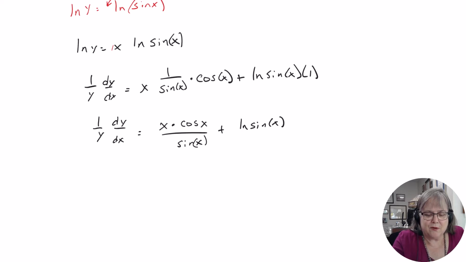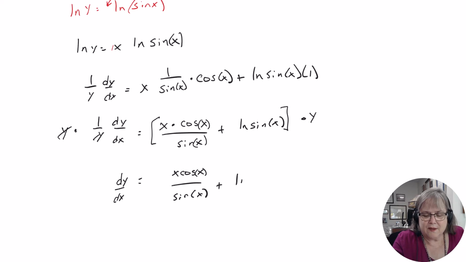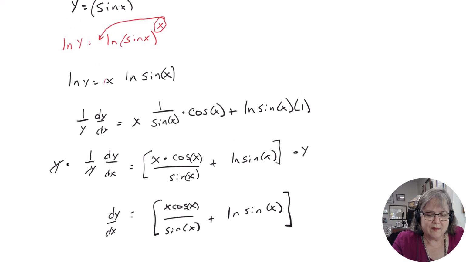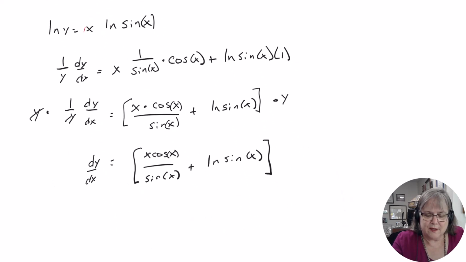So now it's time to try to solve for dy/dx. So I'm going to multiply both sides by y. And this y is going to cancel this y. And that's going to leave me x cosine x over sine of x plus the natural log of the sine of x times what y was, and y was sine of x raised to the x.